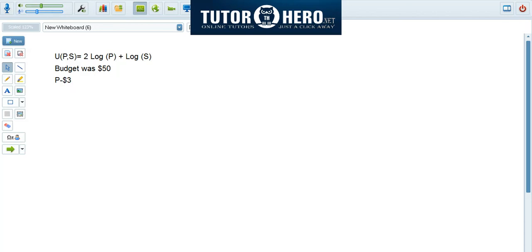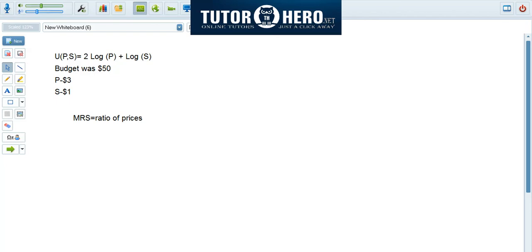The way you find this analytically, and this is the fundamental result in intermediate microeconomics, is that at the optimum, something called the marginal rate of substitution will be equal to the ratio of prices. So what does that mean in this case? And in particular, what is the marginal rate of substitution?